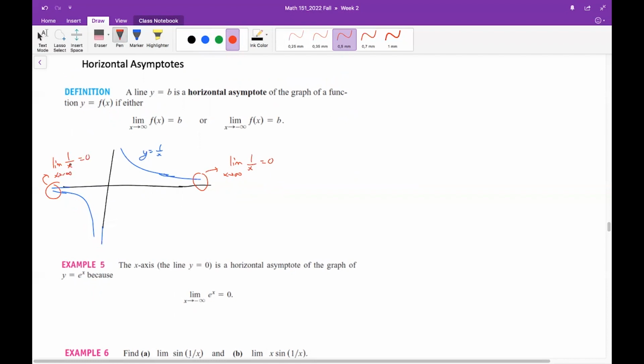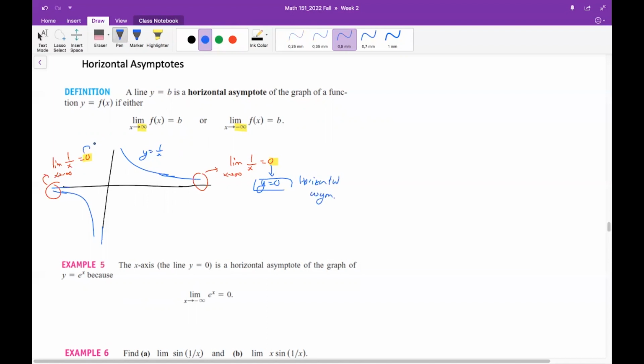So if your function approaches a finite real number as x goes to plus infinity or minus infinity, then that finite real number, which is 0 in our particular example, is called a horizontal asymptote. In fact, we are not calling this number the horizontal asymptote, but this equation the horizontal asymptote.